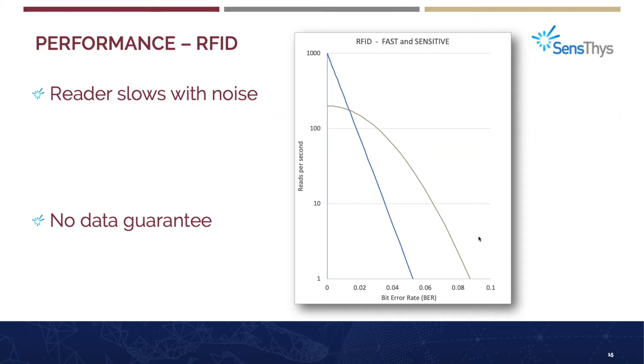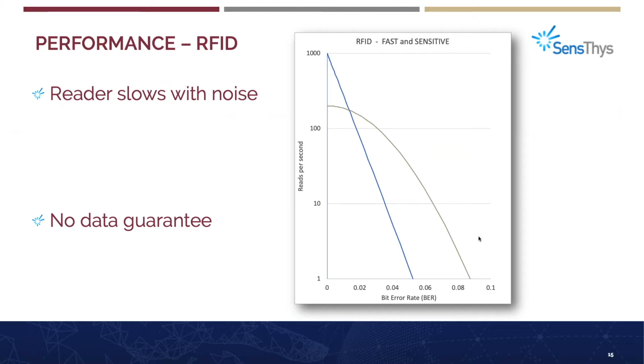And what we see is that the blue line is a reader running fast. When you think about readers and they say, I'm running 1,000 tags a second, that's the kind of mode that runs 1,000 tags a second. The one that's sensitive is the brown one, and that's the one that reads a couple hundred tags a second, but it sees more tags. You can see here how that works in very, very low noise environments where you've got a lot of signal.